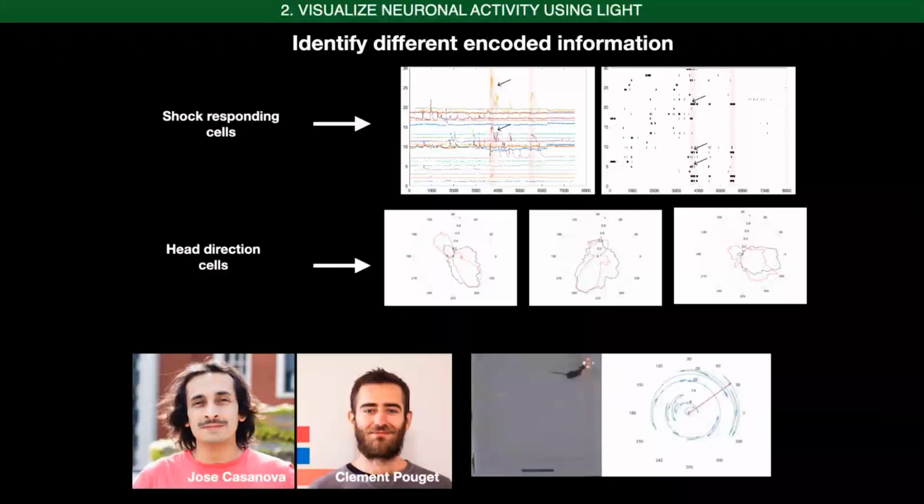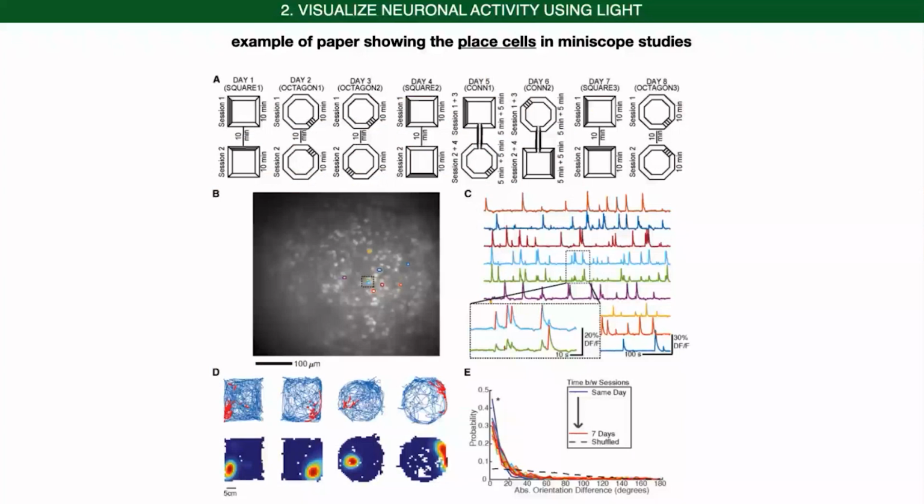On the other side, you can correlate the activity of the cells with a lot of other things that happen to the animal. For example, if we shock the animal in a fear paradigm, we can see that there are some cells that strongly respond to the delivery of the shock. And there are a lot of other studies that have been done using a miniaturized microscope.